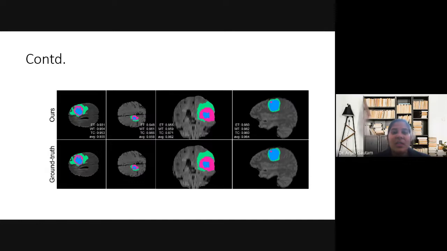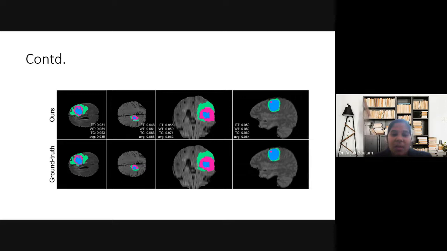So this is just the example of the model which they have created, and these are the ground truth information. Here you can see the MRI image and different images available.